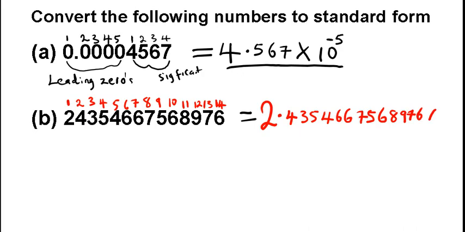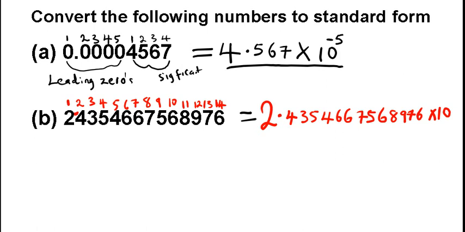Then times 10 raised to power. What are we going to put here now? It's going to be 10 raised to power 13, because this is where our decimal point started.